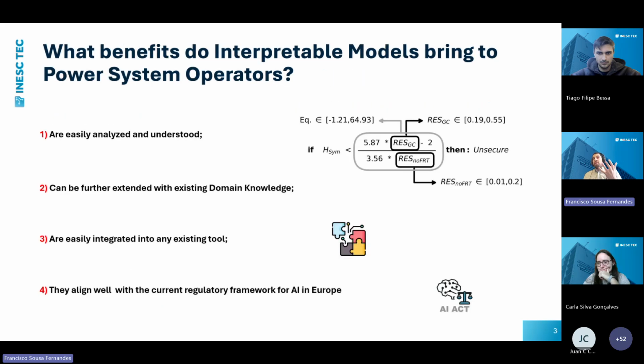What are in fact the benefits of these interpretable models for system operators? Well, let's assume that we have a model like this. We will show how we can generate this through AI, but one thing is that they are easily analyzed and understood, because despite being able to be non-linear, we can keep them at a size that is easily understood by most operators, I would say.